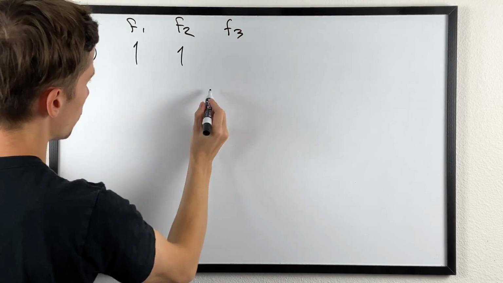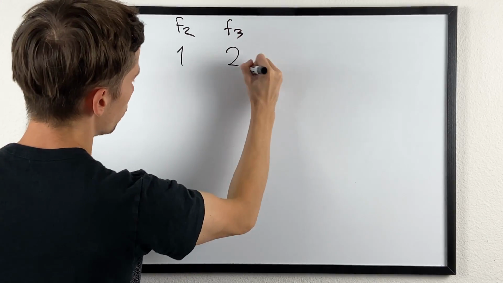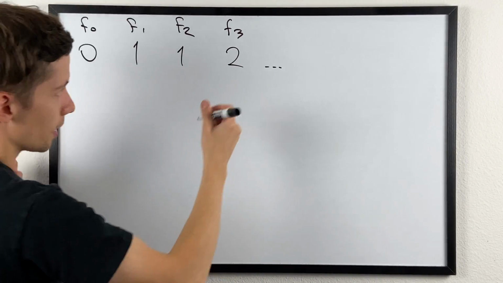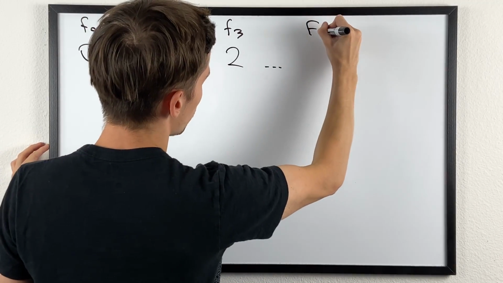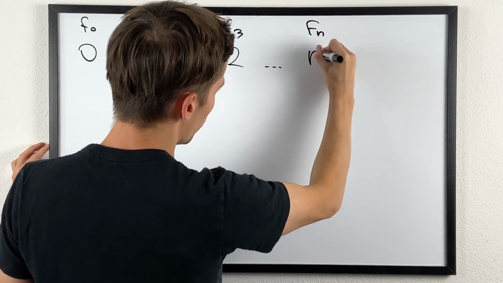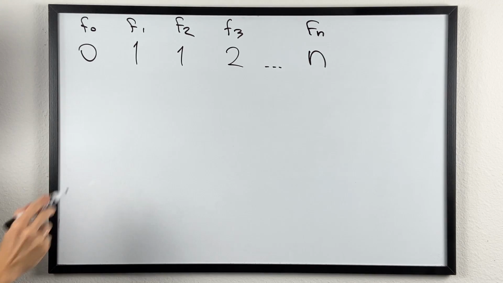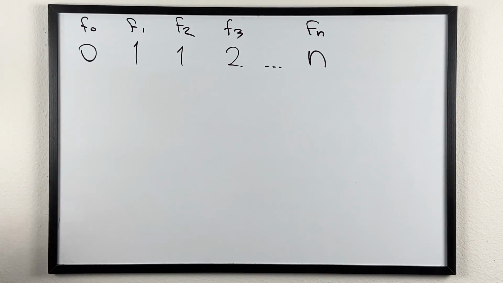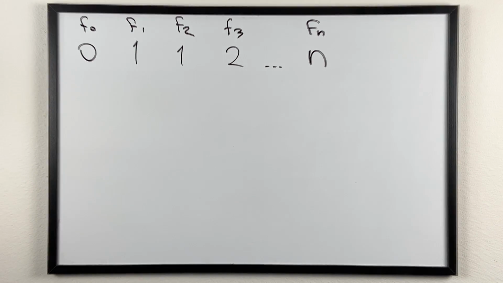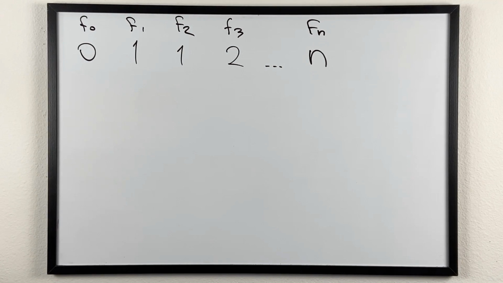So the third Fibonacci number will be 1 plus 1, 2, and so on, until we find the nth Fibonacci number. So in other words, to find the nth Fibonacci number, we can build up our computation on the Fibonacci numbers we already know. Let's analyze the time and space complexity of this algorithm.